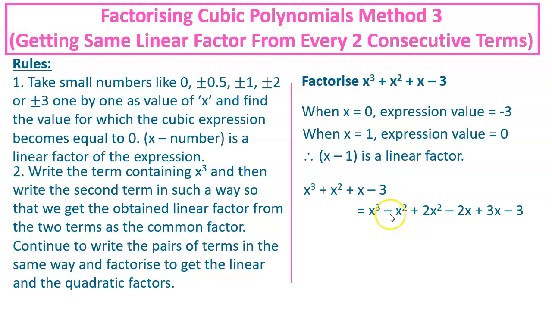And since we are adding or inserting a new term, that is minus x square, it was not in the original expression. So we have to add a plus x square as well, because we cannot just insert new terms in any expression or in any equation. Otherwise, the value will be getting changed.